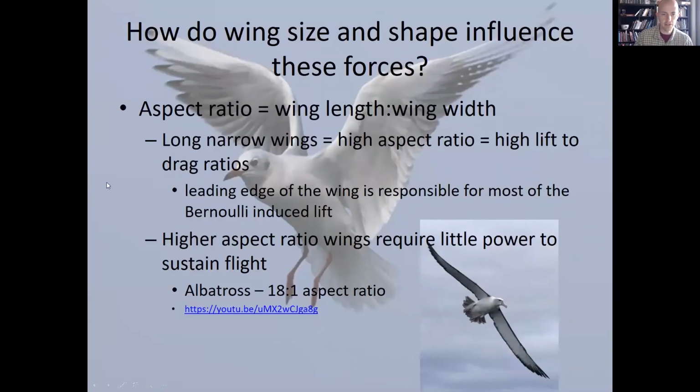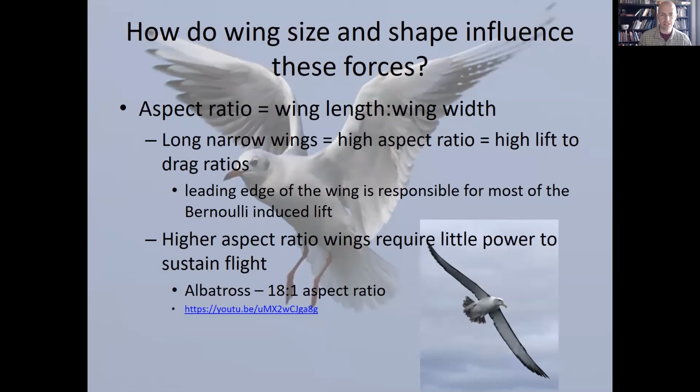Okay, from that video then, we can see that the shape of a bird's wings is highly indicative of their behavior, their flight style. So those albatross with those very long, very narrow wings are made for very low effort to fly. They have very high lift, so they can fly without having to flap.